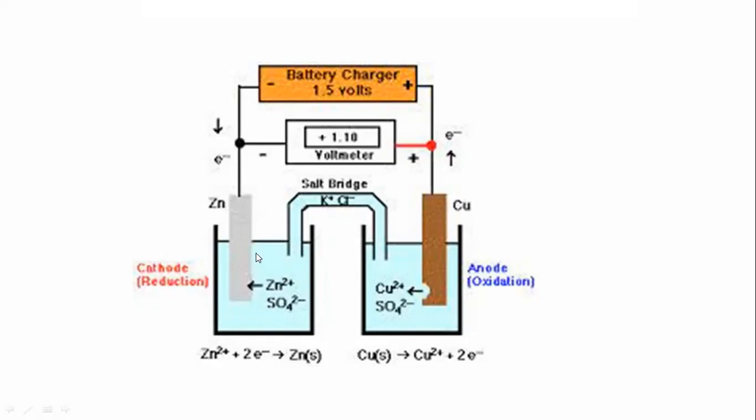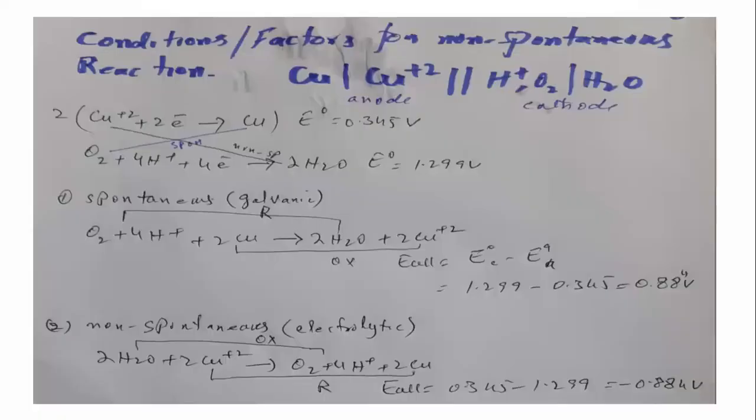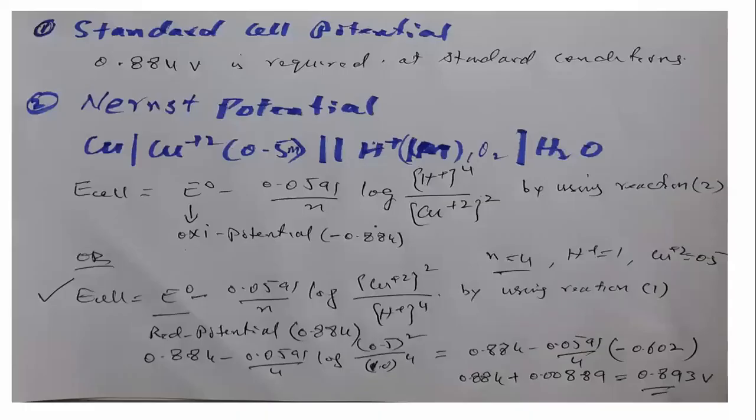So there is a concentration gradient. That means there is a change in concentration, and of course, the Nernst potential is going to change, and this we have already calculated in our previous slide.